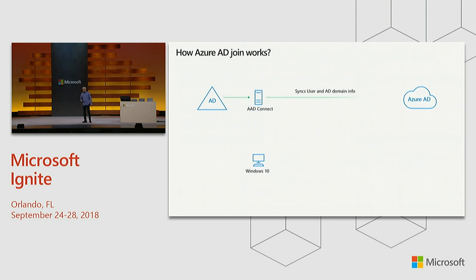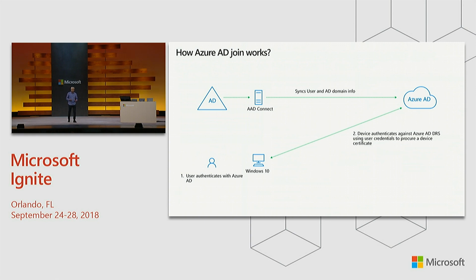Just looking at how Azure AD join works behind the scenes, the concept here is you're syncing your users and your Active Directory domain info from on-prem to your tenant, and you're using Azure AD Connect for that. As soon as the user authenticates with Azure, the next thing you'll see is the device authenticating against Azure DRS, the Azure Active Directory Registration Service.